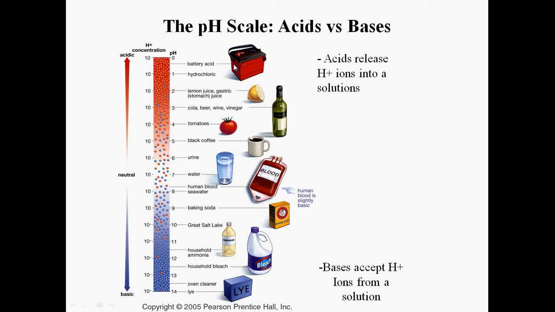Know that battery acid, lemon juice, tomatoes, these are examples of acids, while bleach and the lye that may go in your relaxers, ammonia, baking soda, are examples of bases. Now also remember that water and basically human blood are both relatively neutral with a pH of 7.